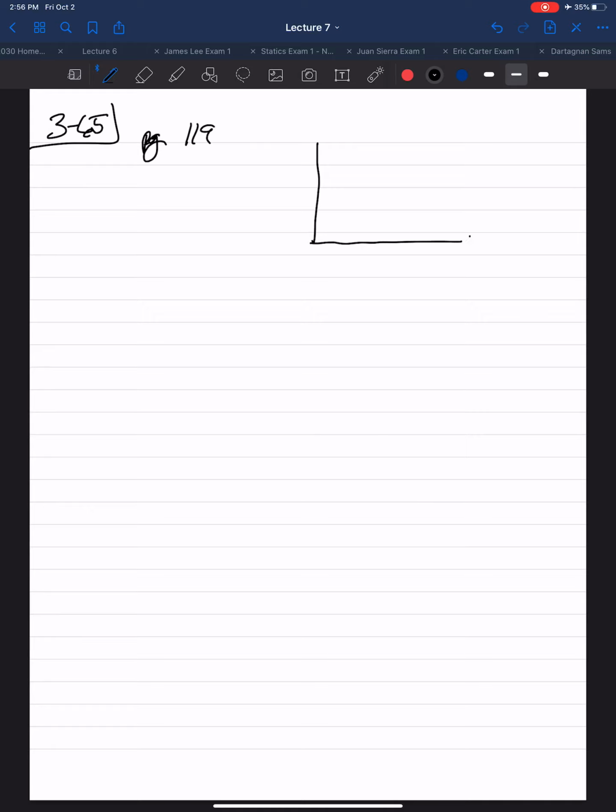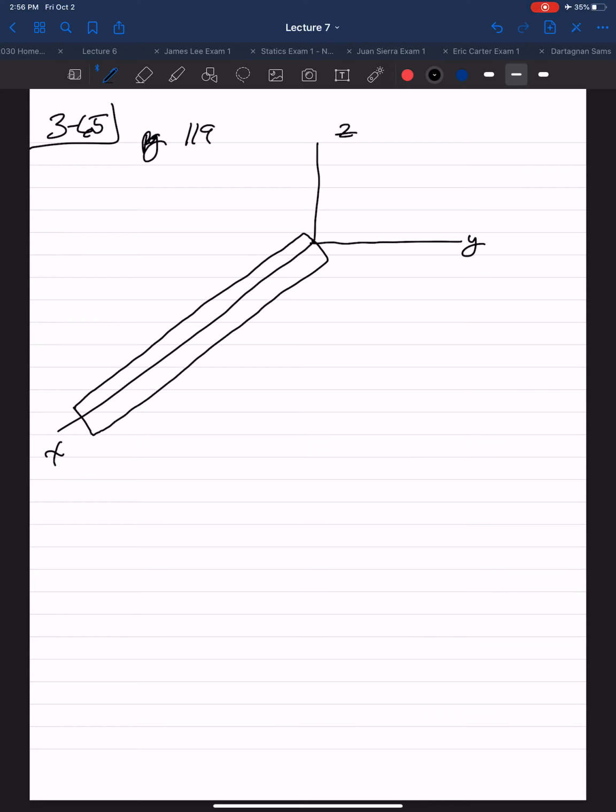We got Z, Y, X axis. This is point O. You have two wrenches.